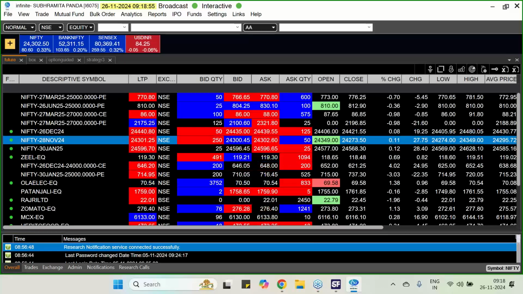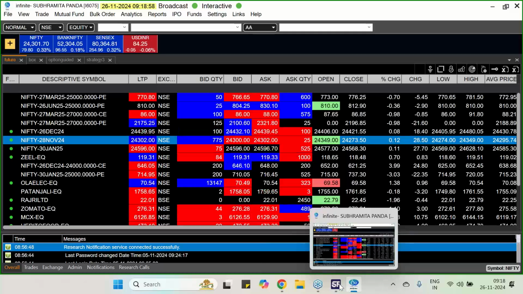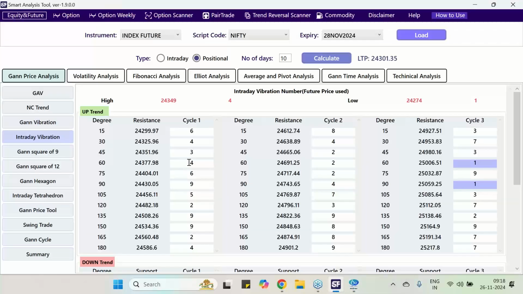Here the high and low have been created, and this is the vibration. From the high, 4 is coming, and from the low, 1 is coming.